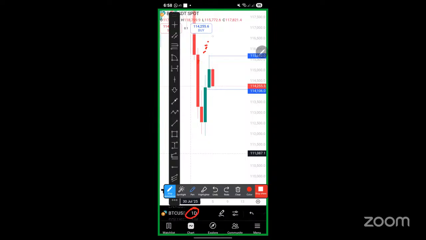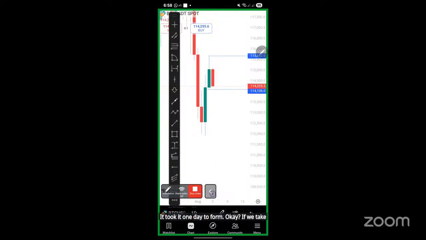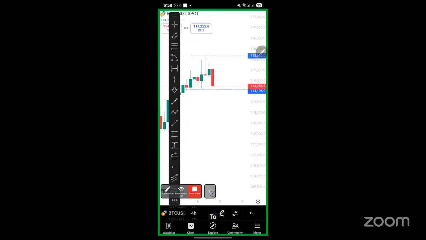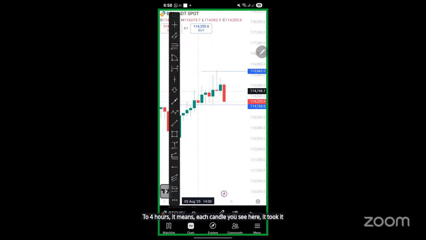It took it 1 day to form. Okay? If you take this time frame to 4 hours, it means each candle you see here took 1 hour to form.